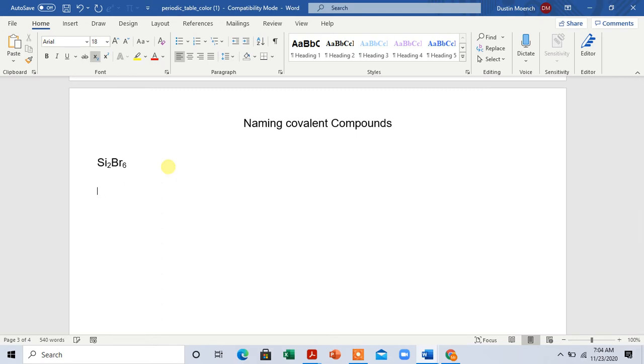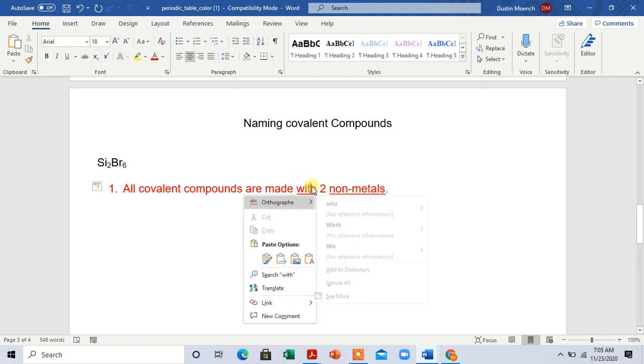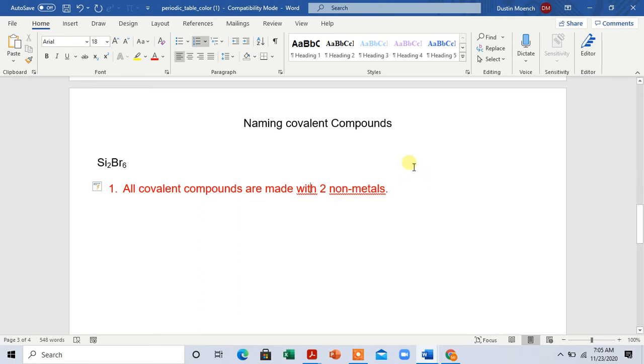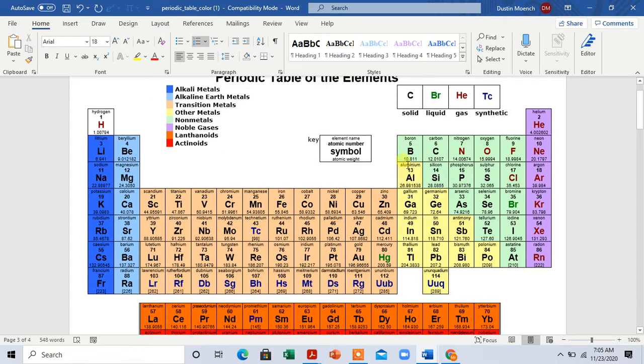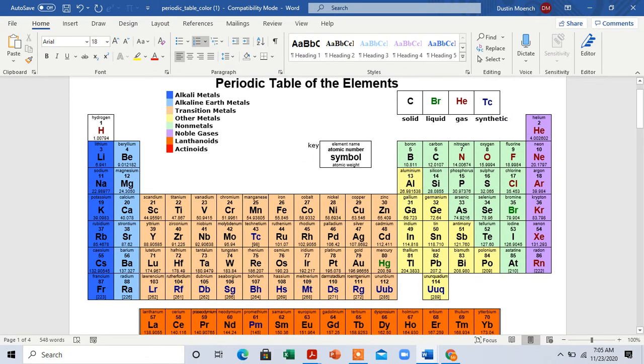So the first thing is all covalent compounds are made with two nonmetals. If we go up to our periodic table, remember how ionic compounds had one metal and one nonmetal?